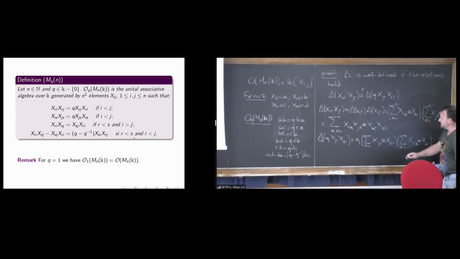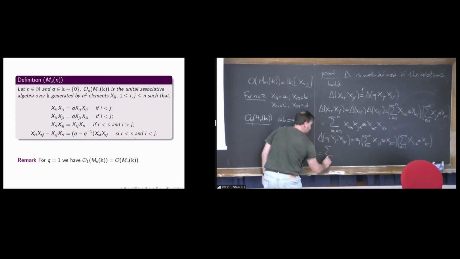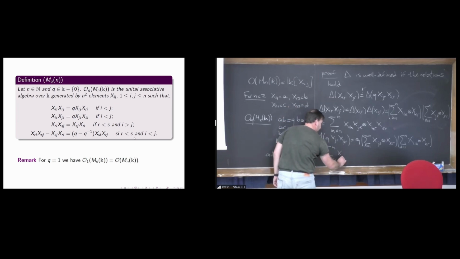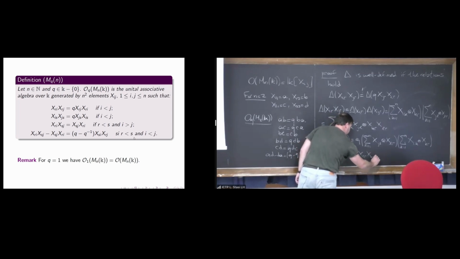We do again the same procedure and we multiply them. So we have the sum over K, L from 1 to N. Now I will put the q outside and put the parentheses, okay? So we have X_{jl} X_{ik} tensor X_{lr} X_{kr}.